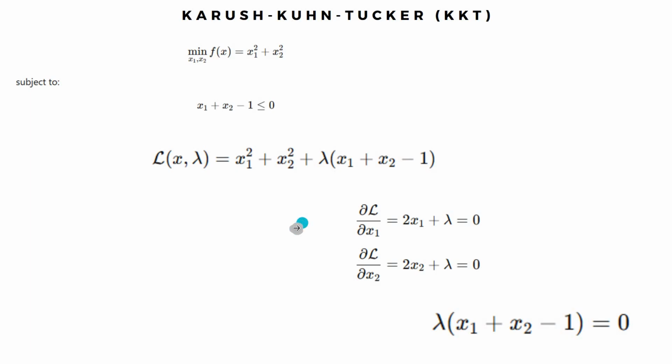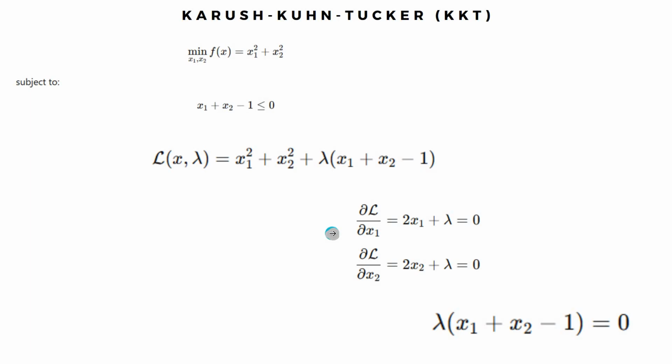Okay, step 2 is the stationarity condition. For this, we take the partial derivatives of the Lagrangian with respect to x1 and x2 and we set them equal to 0, as you can see here.